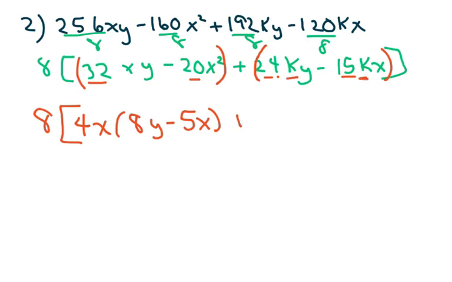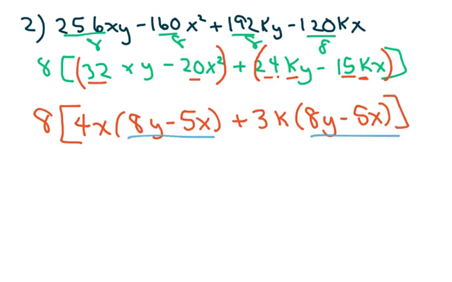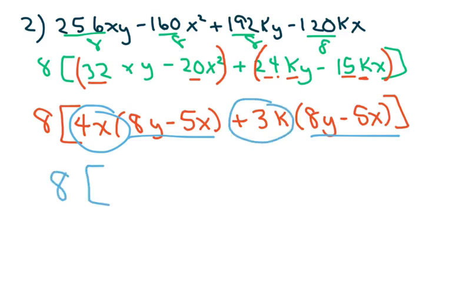And I still get 8y minus 5x. Remember, we always want these two to be the same. Then you can group these two together, so we're going to get 8 times 4x plus 3k, and then we have 8y minus 5x.